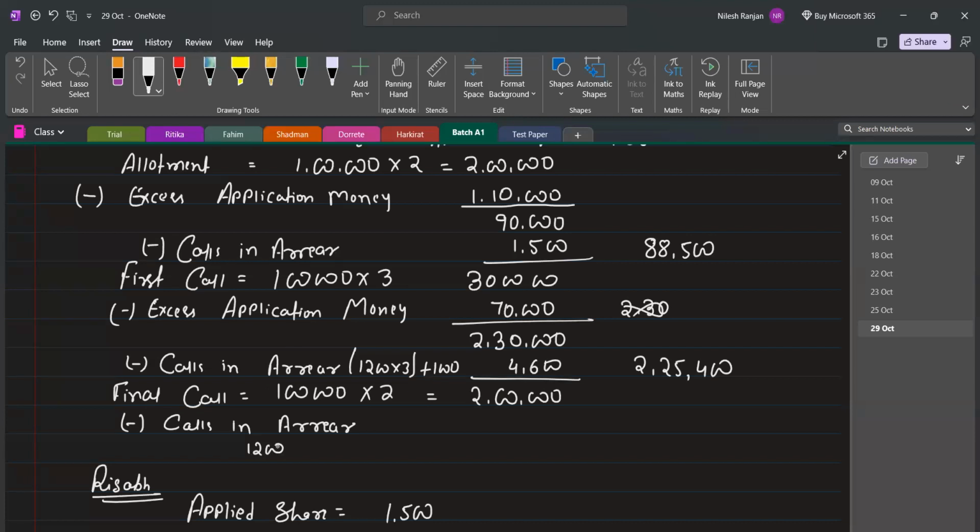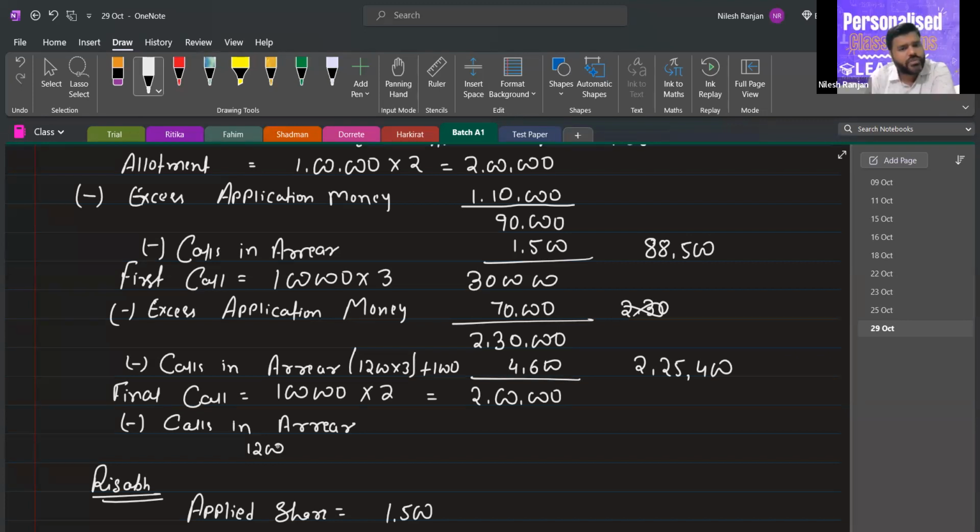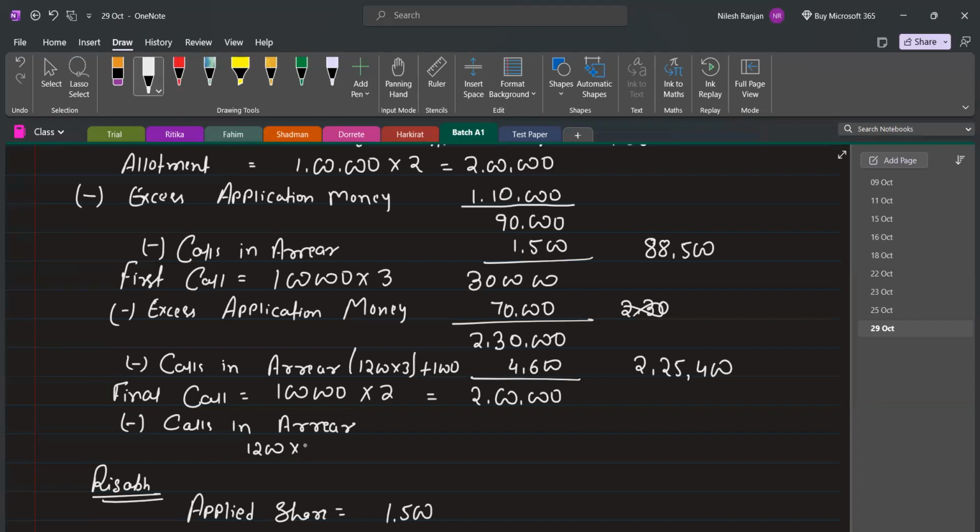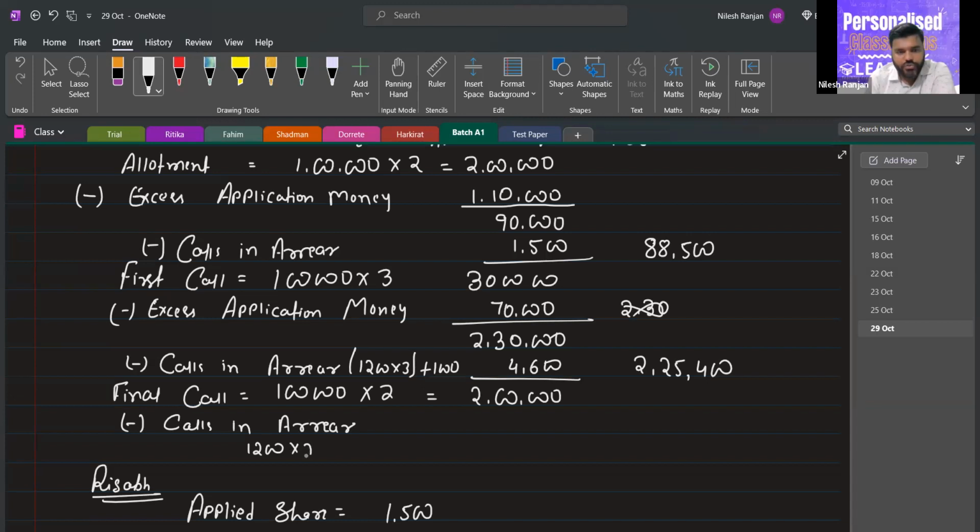Sir, 1,200 and 1,500, right? It is 1,200 into 2 for Rishabh and 800 into 2 for Sudha. So total 4,000. 1,96,000.